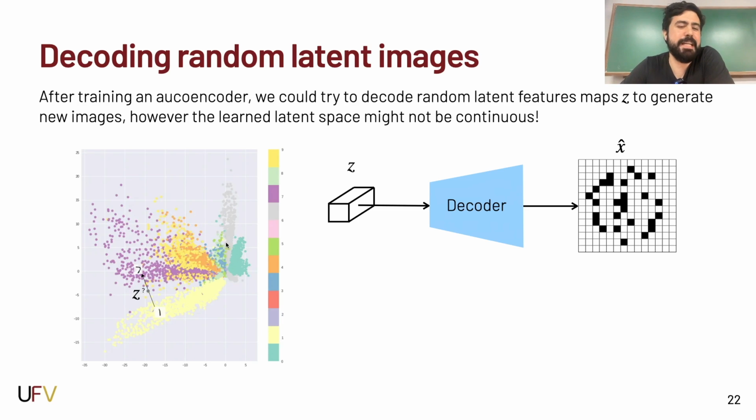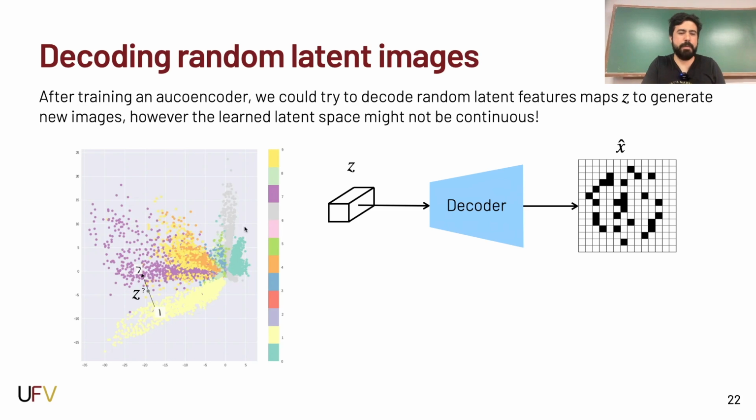What the model tends to do is cluster the images because that helps reconstructing them, but it doesn't guarantee continuity or anything like that. And that's the motivation of variational autoencoders: to learn a more useful and well-behaved latent space.